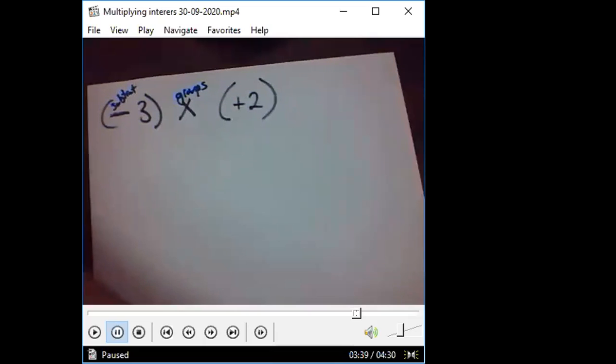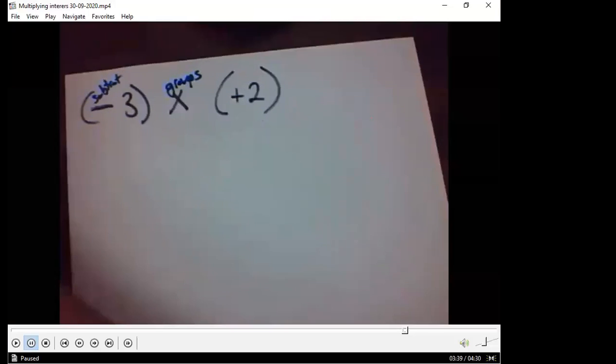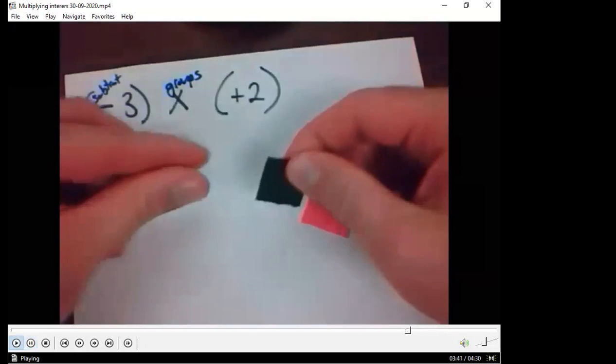Tell me, grade 7. How many groups? 3. 3 groups, right? And each group consists of positive 2. And the first number is negative. Then we will use zero pair.